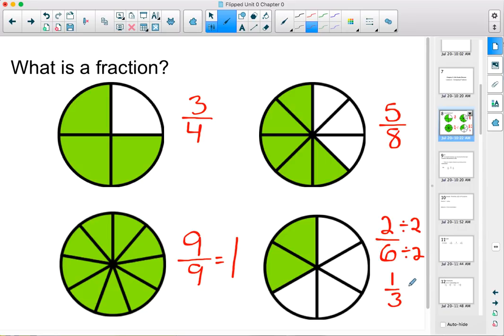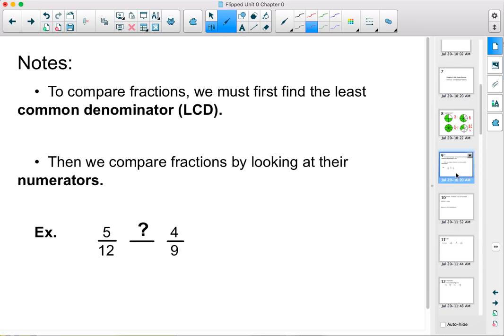So my simplified version of this fraction is 1/3. And what that means is I could create this same picture, but instead of cutting my whole into 6 slices and shading 2 of them, I could cut it into 3 slices and shade 1 of them, and it would look exactly the same. Okay, there's our review of fractions.